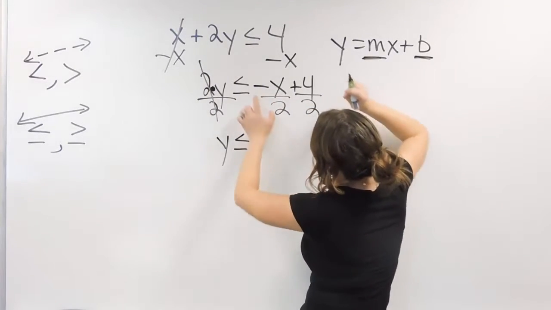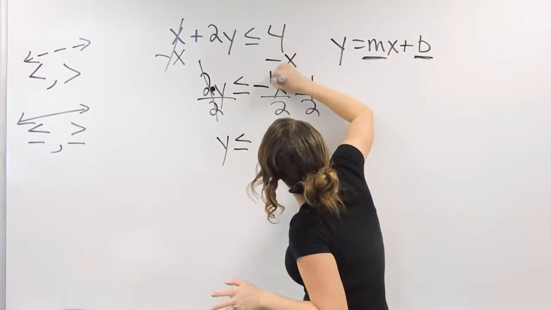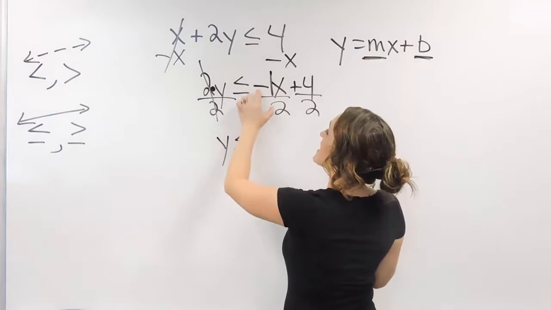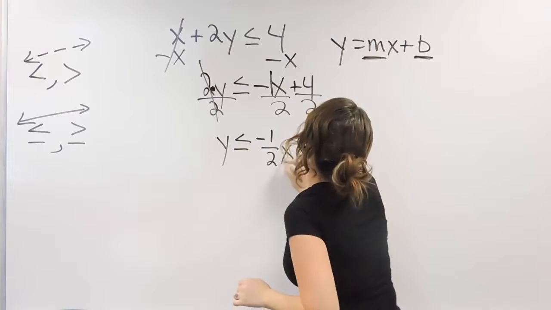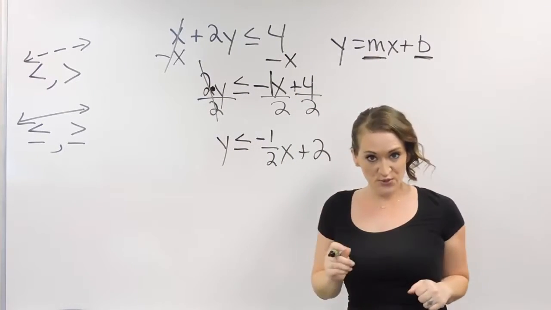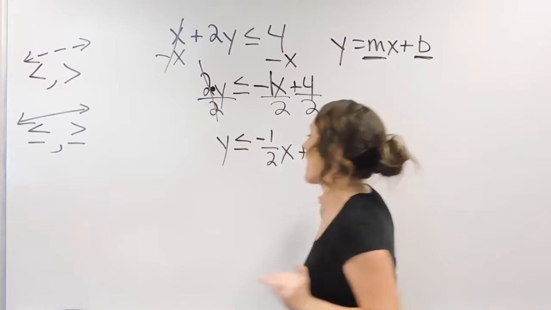Over here, we have this negative x over 2. Also remember that there is understood to be a 1 in front of the x, so technically this is a negative 1/2 x. Let's bring that down. Plus 4 divided by 2 is 2. So this is our equation that we are going to need to graph.